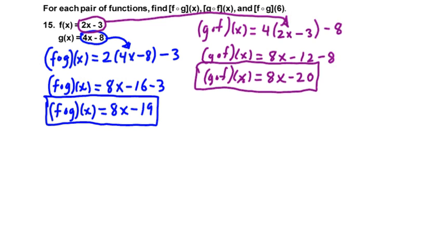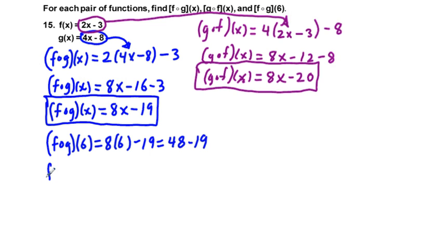So coming to writing f of g of 6, we have 8 times 6 minus 19. Well, 8 times 6 is 48. Bring over the 19, and so f of g of 6 is equal to 29.